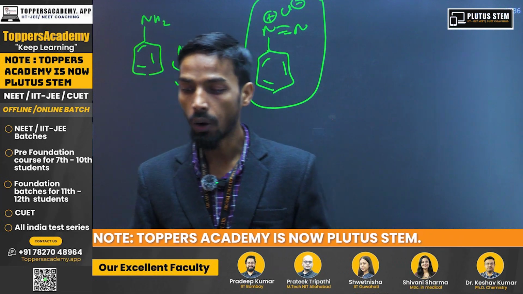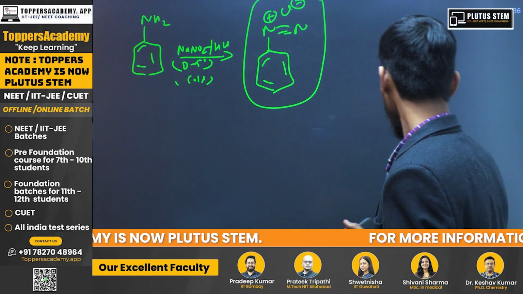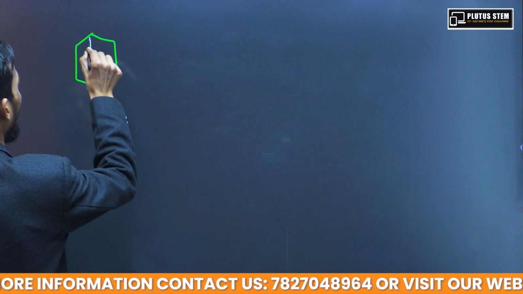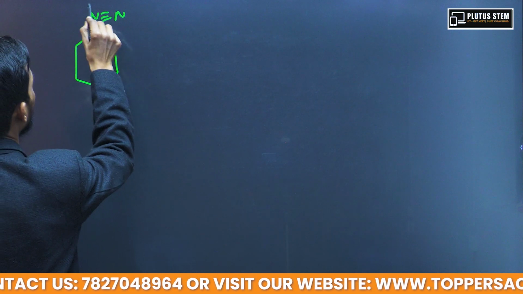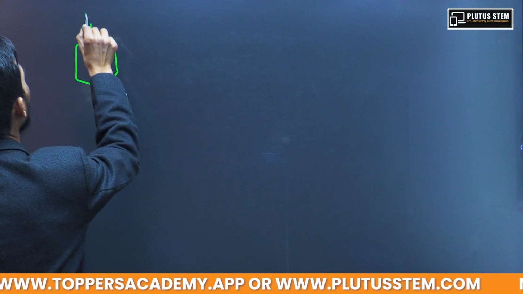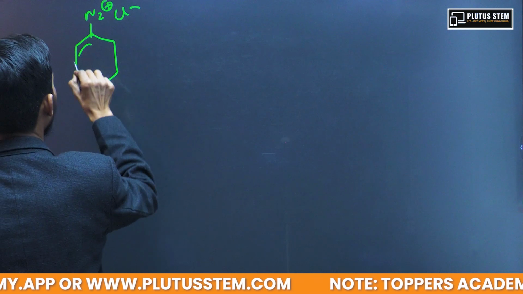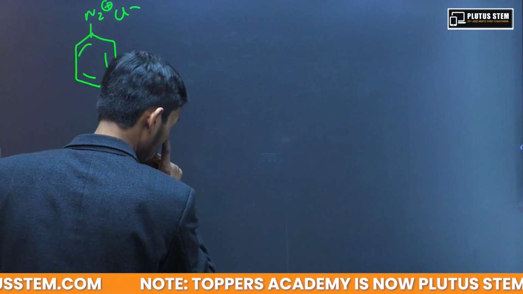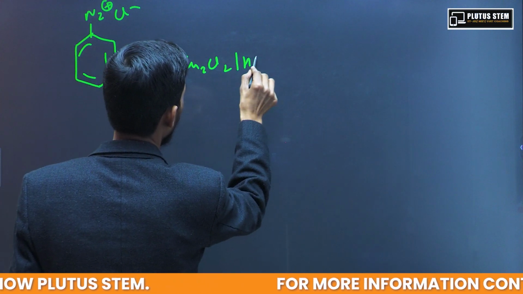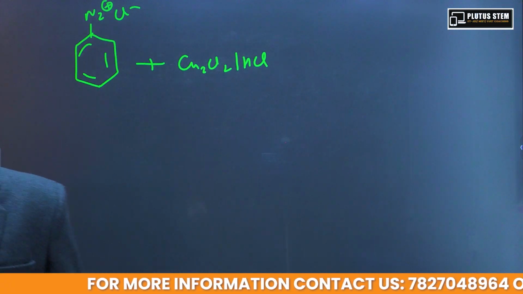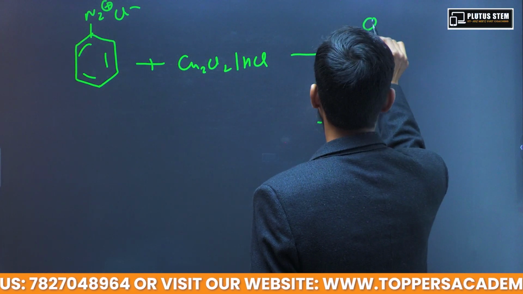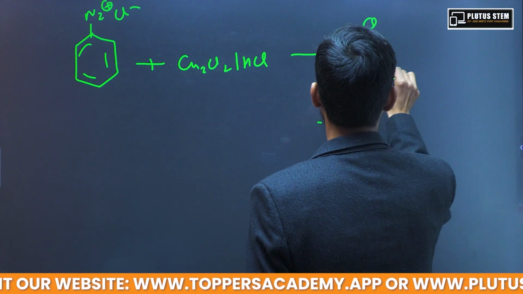This diazonium salt helps us to prepare an enormous number of organic compounds. So now we will see the various ways through this diazonium salt. N2 positive and Cl negative, the diazonium salt, when reacted with Cu2Cl2 and HCl, we will get Cl, like this.